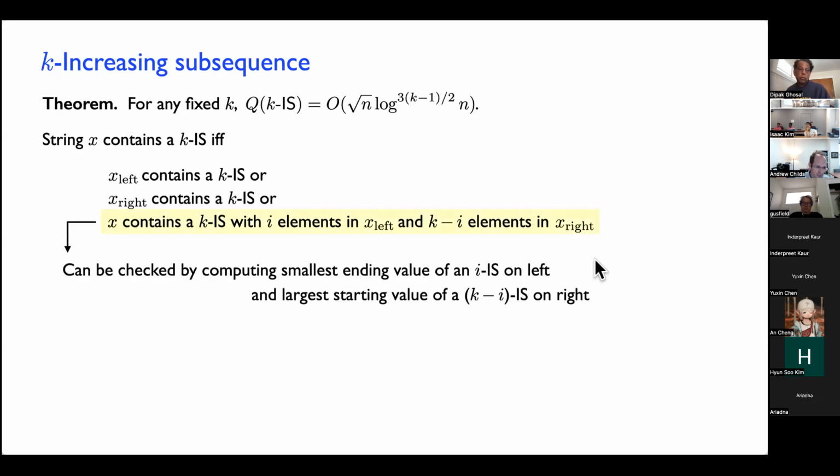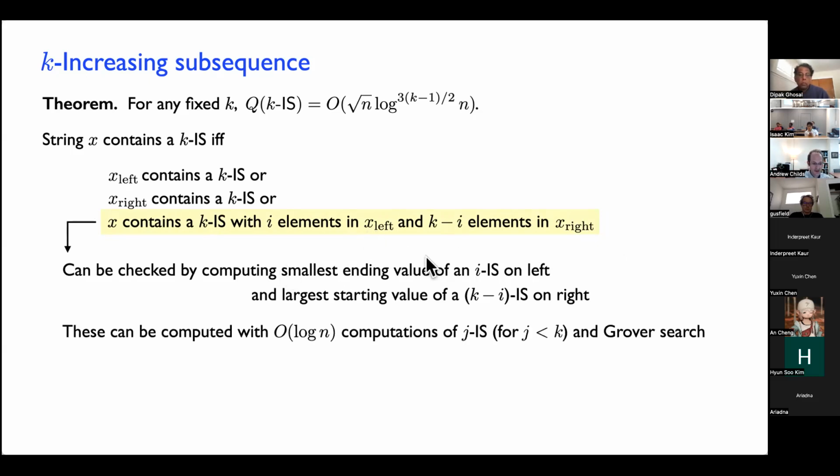Now we have to think about the amount of work you have to do to check this yellow possibility. If you want to determine this, you can check it by finding the smallest ending value of an increasing subsequence of length i that's entirely on the left, and the largest starting value of an increasing subsequence of length k minus i on the right.